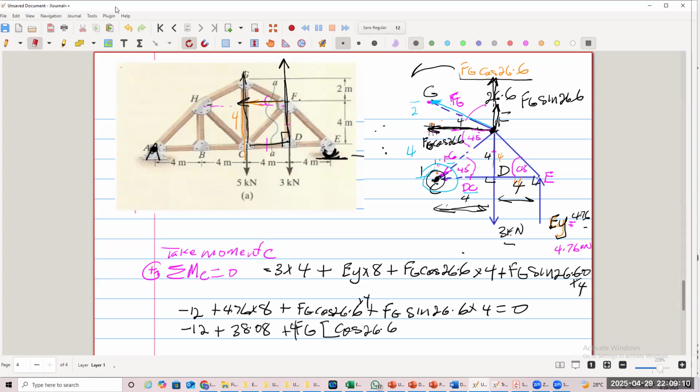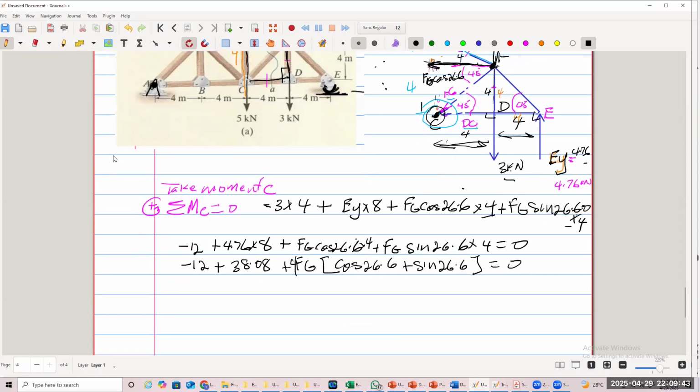We're just adding them, just algebra. Take out the F. This is times 4 too. See there? Times 4, times 4. I wrote it badly down here, it's really times 4 here. Plus sine 26.6, and that equals 0.